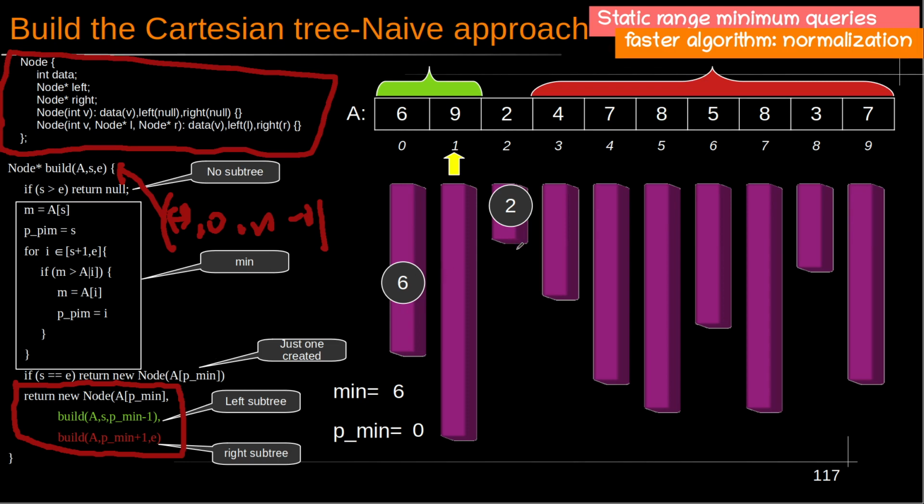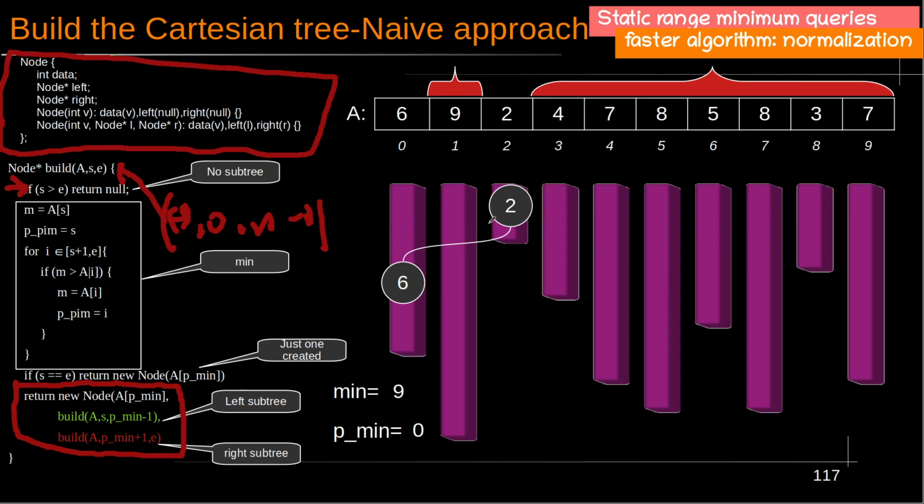We're going to build the left subtree from 0 to 0 -1, which is -1. So when we call this function, we fall into the base case, and there is no subtree on the left here. So we go to the red call, the right function here, and execute it on the element 9. This is the left subtree of 2.